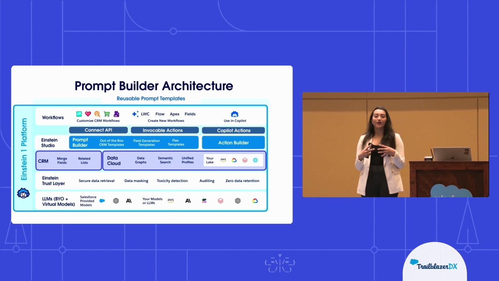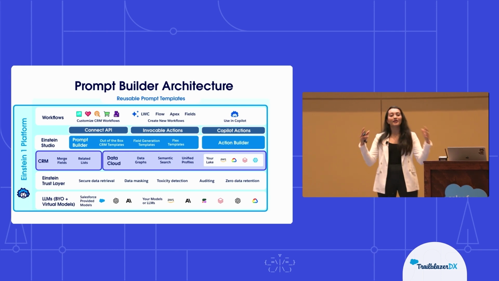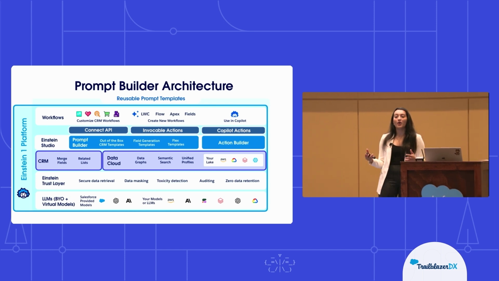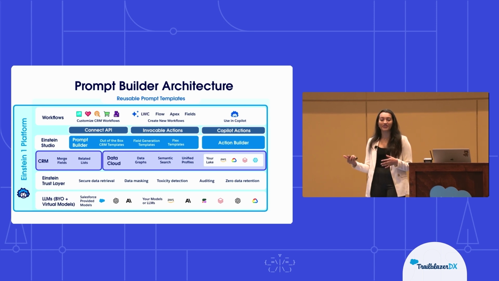And then you need to think about the low-code builders that we provide at your disposal to actually bring all this together. So within the umbrella of a Copilot Studio, we have a model builder, which allows you to connect and test your models. We have a prompt builder, which you just saw, which allows you to create and test your prompts on your data. And then we also have the Copilot Action Builder. If you think about Copilot, a prompt is just one of the many actions available to a Copilot.